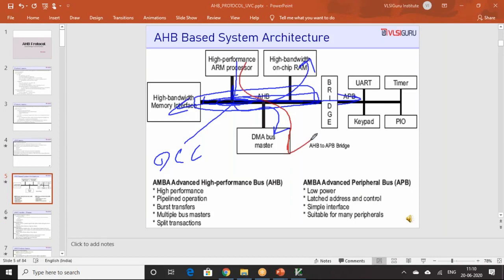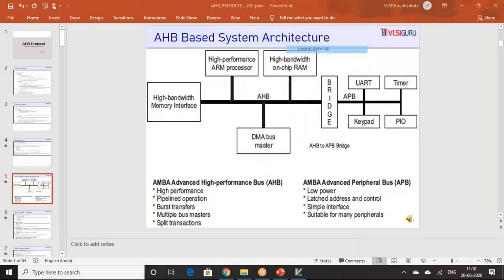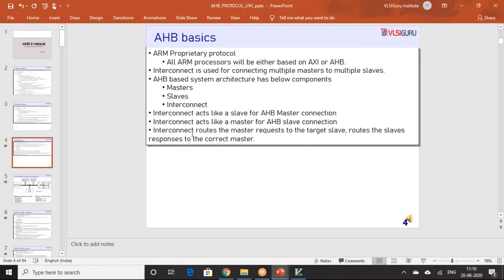When the response comes, I know that the response has to go here only, because no other component is acting like a master at that point of time. That information is also tracked by the interconnect. It knows who is the current active master. Next. So interconnect routes the master request to the target slave, and routes the slave responses to the correct master.